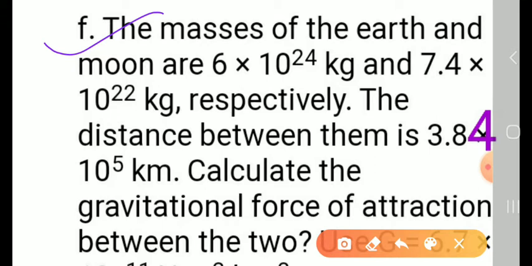We have to calculate the gravitational force of attraction between the two. We have to use G is equal to 6.7 into 10 raised to minus 11 Newton meter square per kilogram square. So let us see now here, children, how to solve it.